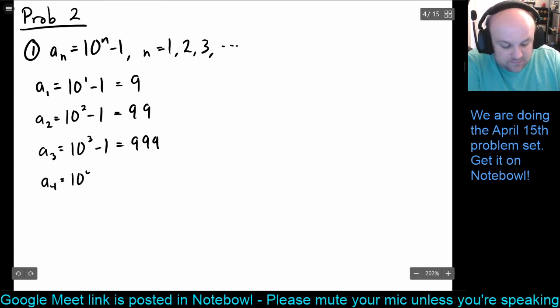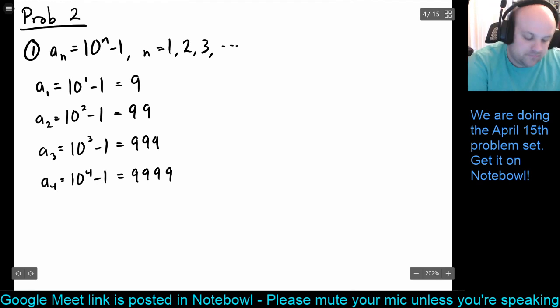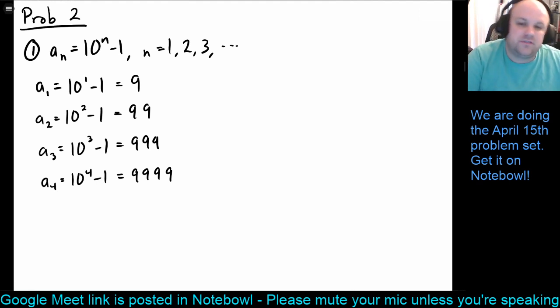A4 is 10 to the 4th minus 1, which is 9,999. Those are the first 4 terms. And all we do is pick the first n value, plug it in, and go from there. All right. Well, what does it look like this sequence might be converging to then? Or, the limit of this sequence would be?